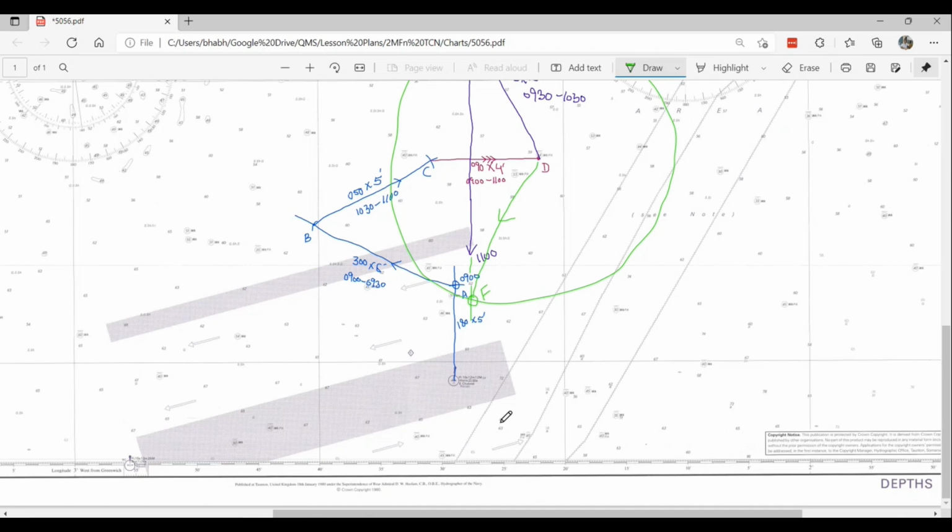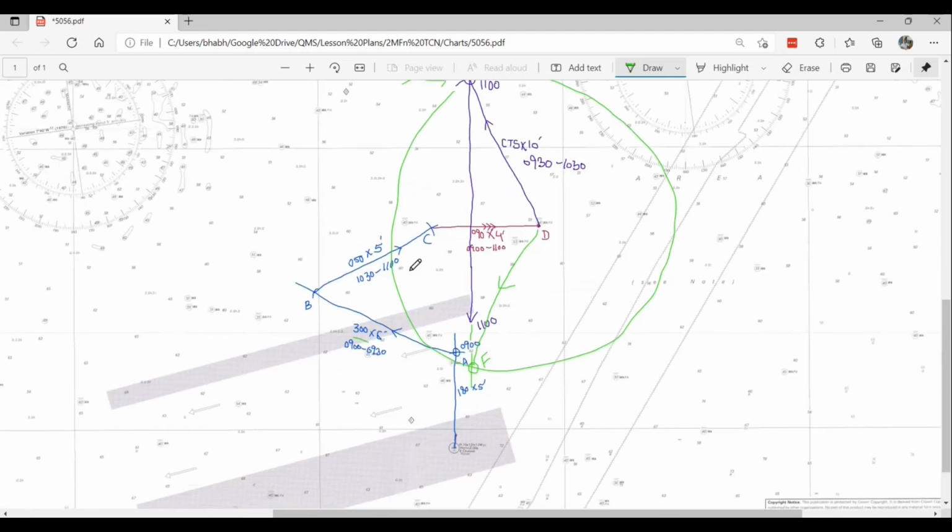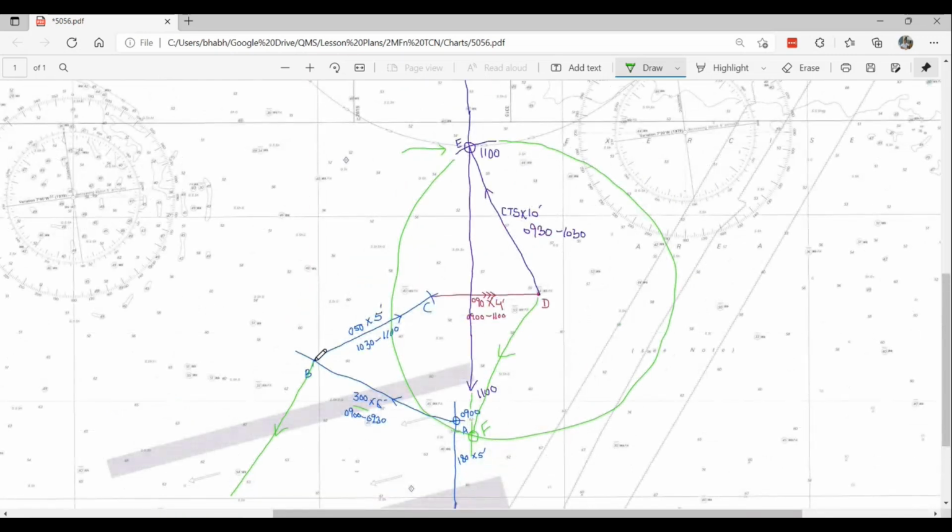Okay, for this beta, look carefully at the question you posted on the WhatsApp group, my WhatsApp is not opening right now, so just read that question once again. Altered course to starboard, it's written there. Very good. So this word they have written, altered course to starboard, means A to B it was steering 300, so the next track, if you have altered to starboard, has to be more than 300, you see. If he was steering this course, then he would be altering course in this particular way. And if he was steering the upper course, that is delta to echo, then delta to echo he would be altering course in this particular way.